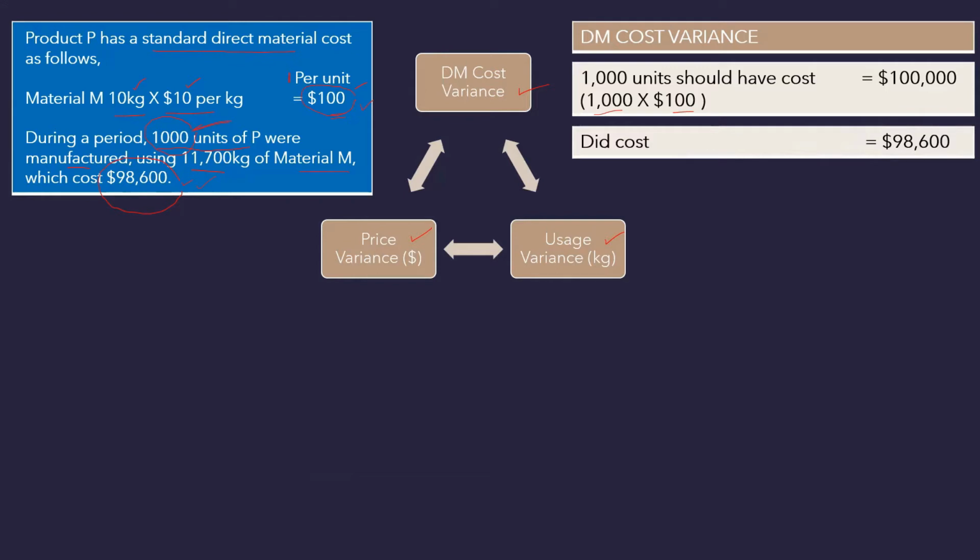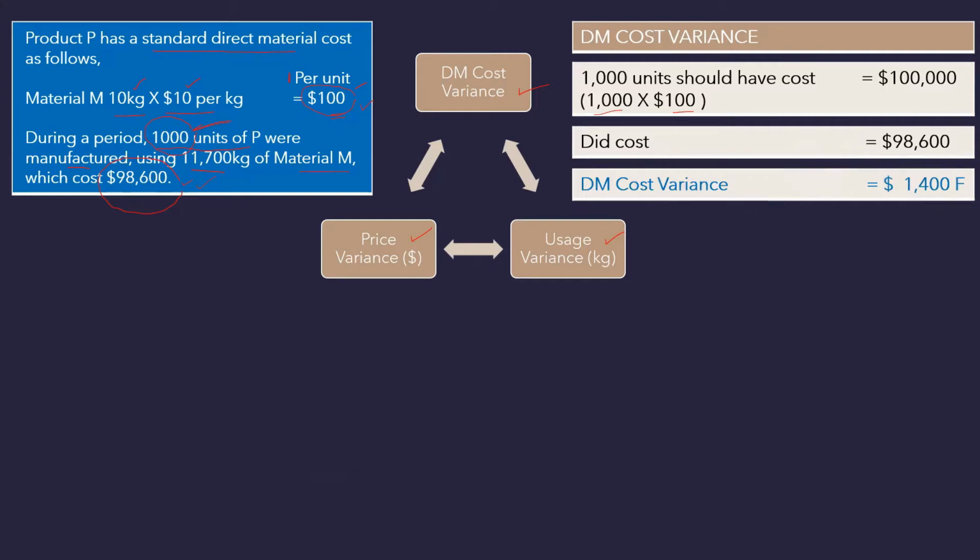So therefore we actually incurred a lesser amount than the plan. So therefore, the variance is a favorable variance of 1,400. So this is the total variance. We planned 100,000, but we incurred 98,600.